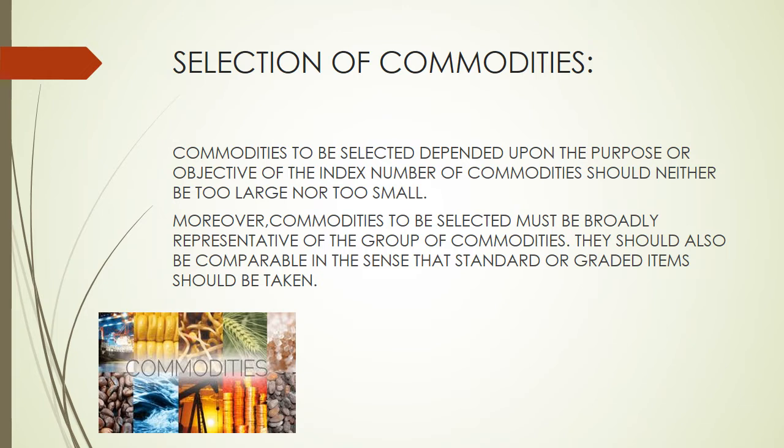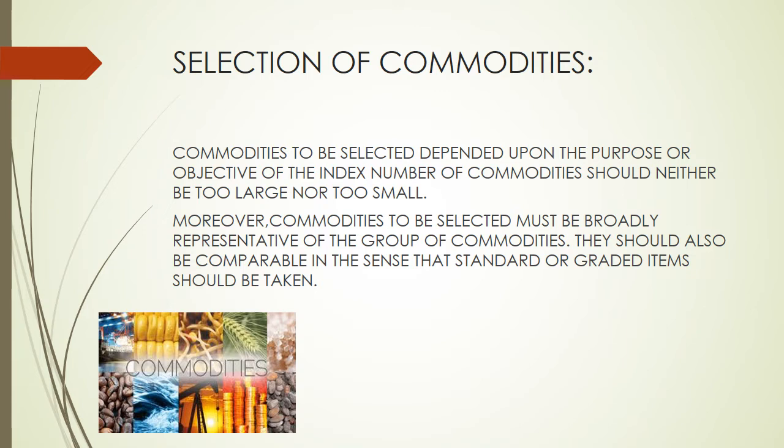So there should be a representative group of commodities, and they should also be comparable in the sense of grading and standard. Standards are like AGMARK, FSSAI, ISI. But grading is nothing but A, B, C or 1, 2, 3 grades.